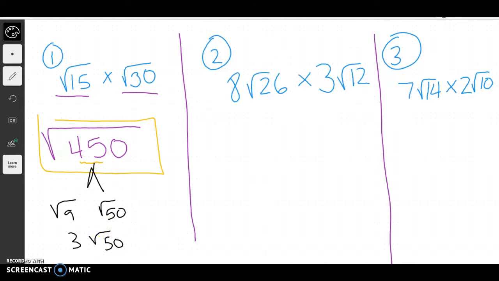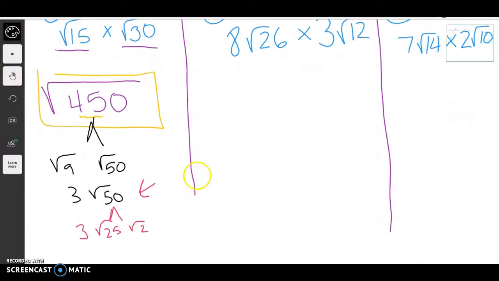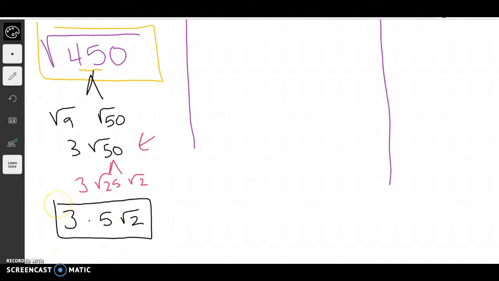Now, we would hope that we would be able to stop here, but when I look at this, I know that 50 is going to be able to be broken down, for sure, because 50 is made up of 25 and 2. And I know that the square root of 25 can give me 5. So if I keep going, this thing right here should be 3 times 5 times radical 2. And if we combine that, we would get 15 radical 2.